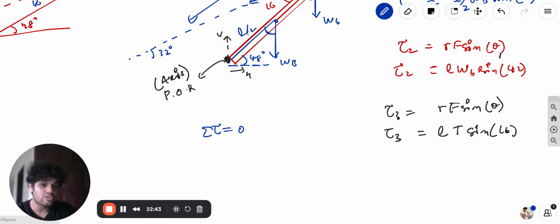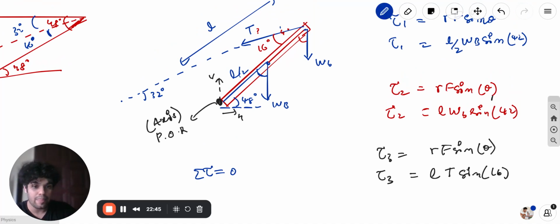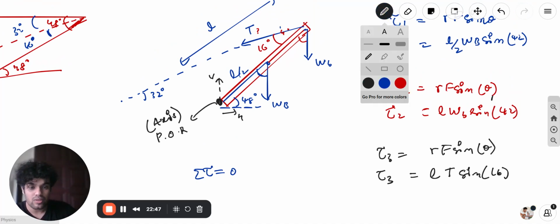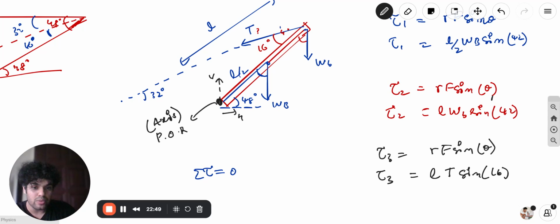Now we need to look at the directions of the torque. The torque caused by the wrecking ball is going like this, which will make the beam or boom try to rotate like this. So will the weight of the boom itself. The tension, however, acts the opposite way, right?